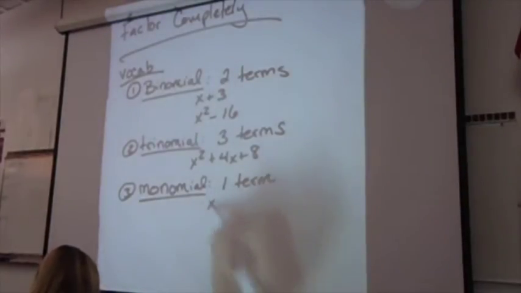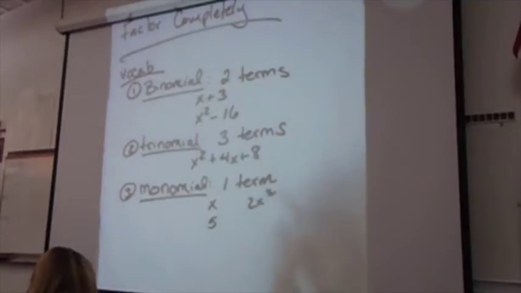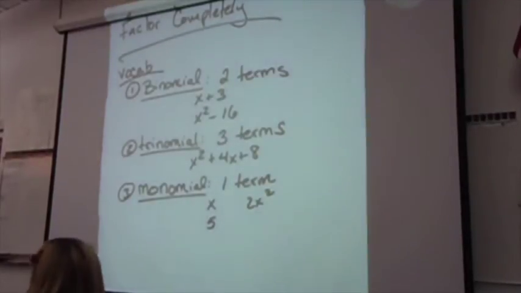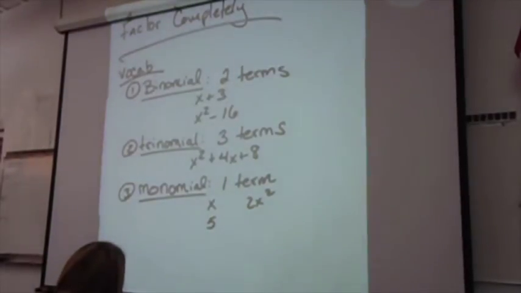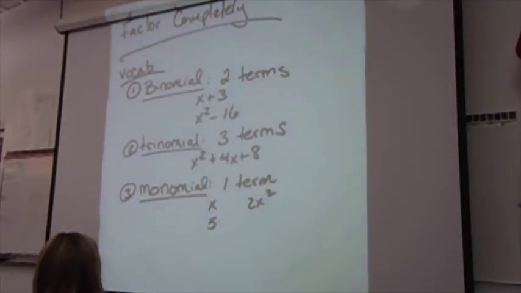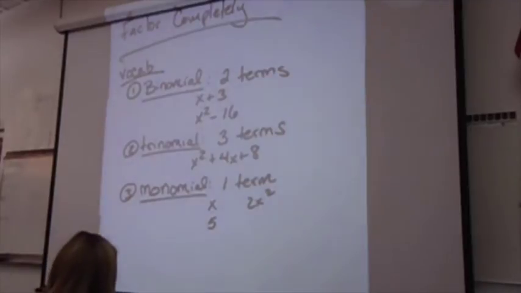So like x, 5, 2x squared, all of those are monomials. So what I want you to think of is every time you pull out a GCF, you're pulling out a monomial in math language. So like I said, just a little bit of vocabulary before we go into our main part. And that again is just so that no matter what kind of test gets thrown at you, you can read it and then know what they're talking about.